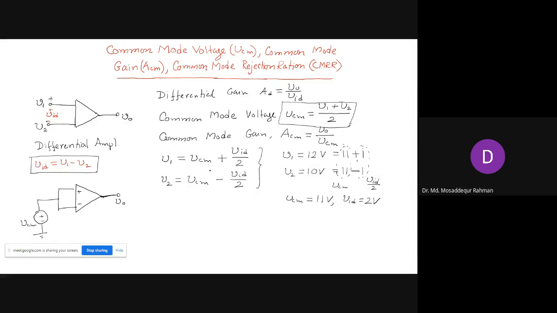So it shows that for the differential amplifier, we actually have both the common mode and the differential voltage at the same time. We have both the voltages, and so we can show it like this.